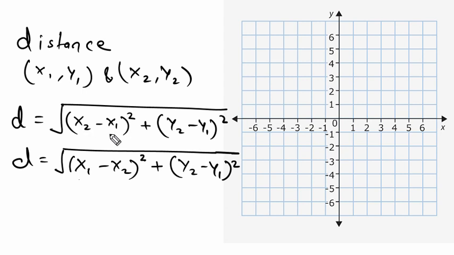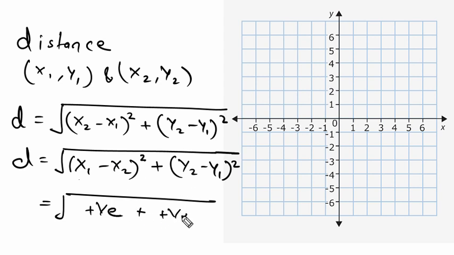Whether you do x2 minus x1 or x1 minus x2, it won't make any difference because it is squared, so all negative values will be changed to positive values. The square root cannot be negative. So if you get a square root of something like -22 or -23, that will be wrong, because the value under the square root will always be positive, since both squared terms will be positive, right?